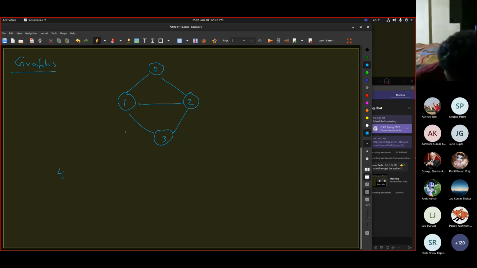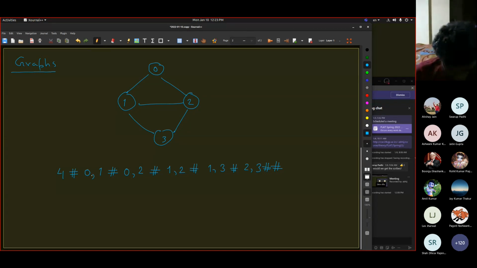Then I will use some separator, maybe hash. Then I will say 0, 1 is an edge, followed by hash 0, 2 is an edge, hash 1, 2, 1, 3, hash 2, 3, and then you have to terminate this. So if there is an end of string marker, or you can simply say hash, hash.